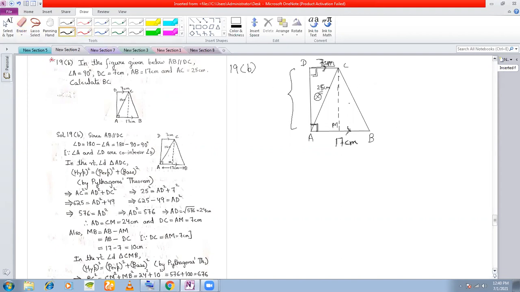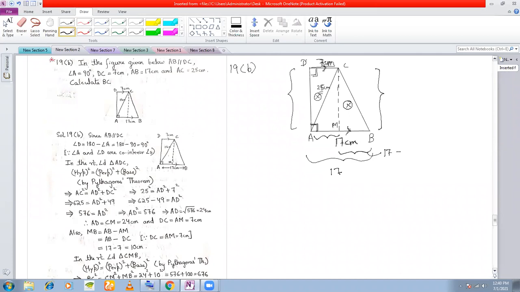Since you want to find out BC, this is also a right angle triangle, right? So therefore, in this, you know this length. What is this length? This entire length 17 minus this length. And this length is how much?